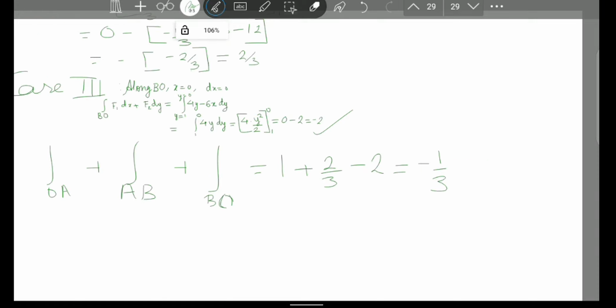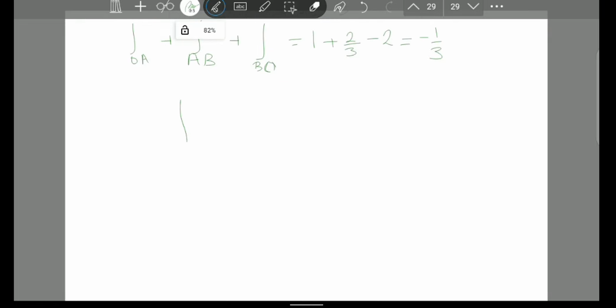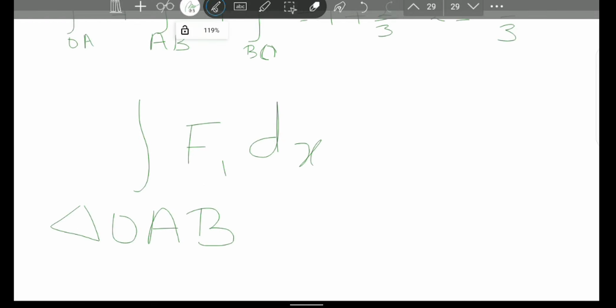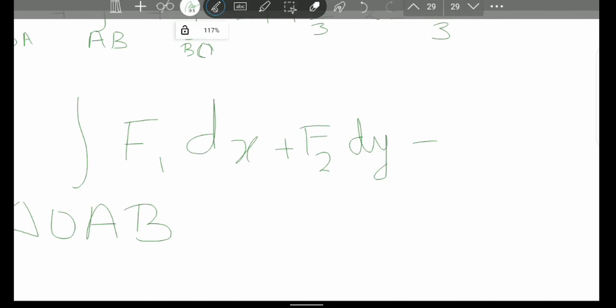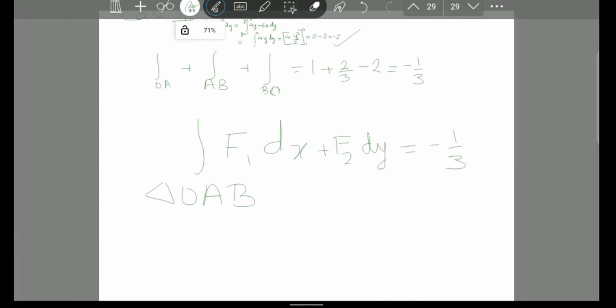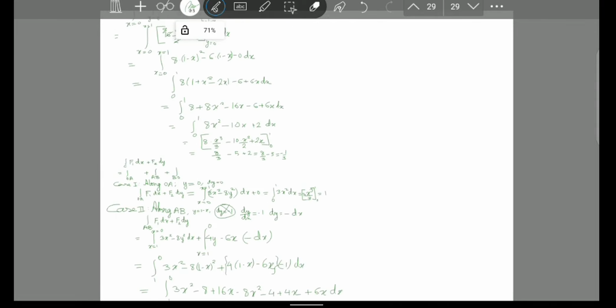That's our integral along triangle OAB of f1 dx plus f2 dy, equal to minus 1 by 3. That's our left hand side. Let's look at the right hand side.